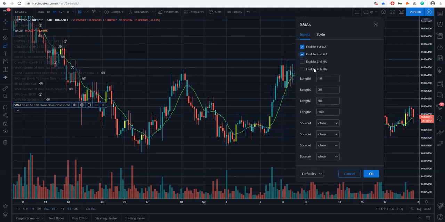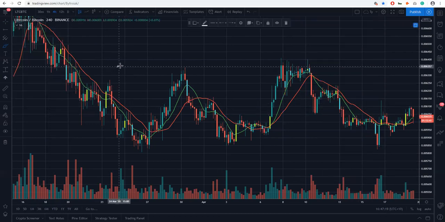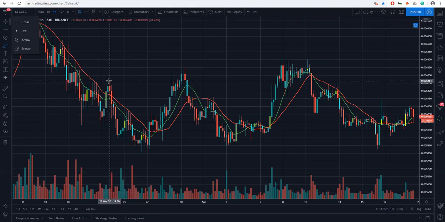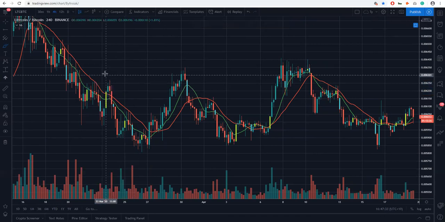So the second way of adding a level of confluence and avoiding fake outs is to add the 20 SMA. We know here that when we have this breakout of the 10, we want to ensure that the second SMA is pointing upwards to tell us that we are headed out of a trend, or we want to avoid buying a fake out.